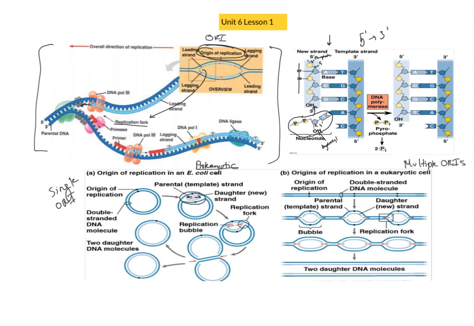So it's going to elongate in the 5' to 3' direction. This is true whether you are synthesizing DNA in DNA replication or synthesizing RNA, which we're going to talk about in transcription. Those polymers can only be formed in the 5' to 3' direction.